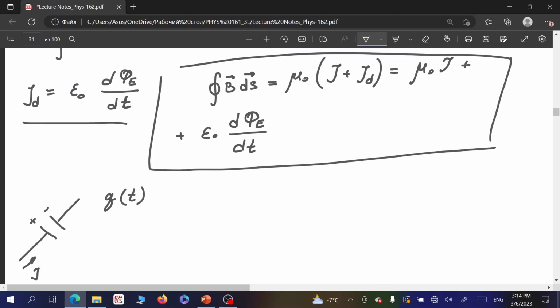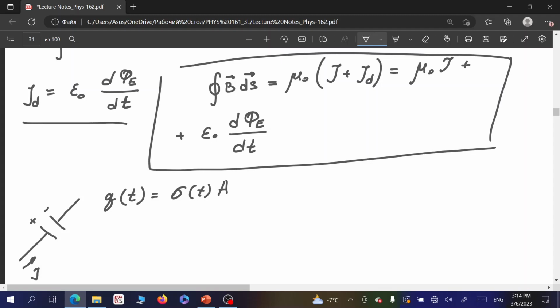So we will deal with some instantaneous magnitude of electric charge accumulated in the capacitor at any moment of time. That could be represented as sigma as a function of time, meaning the surface density of this electric charge, times the area of the capacitor. The area of the capacitor is a constant parameter, but sigma obviously will change as we charge or discharge this capacitor.